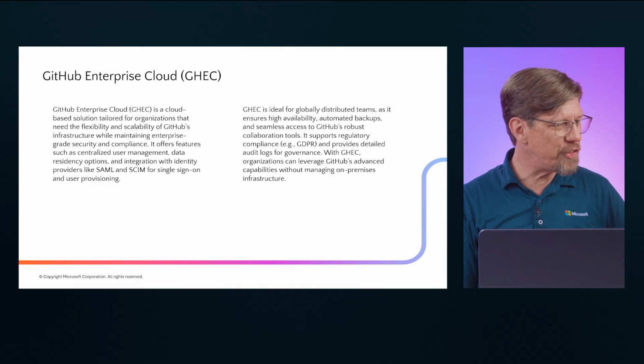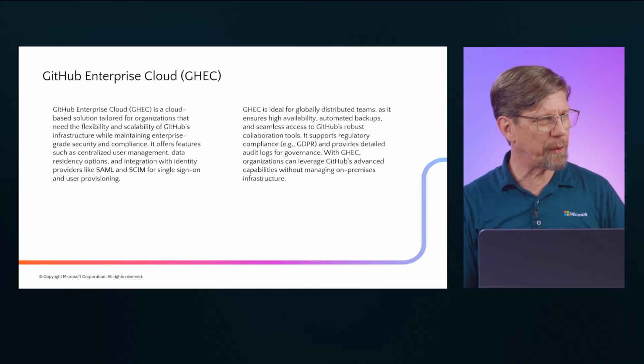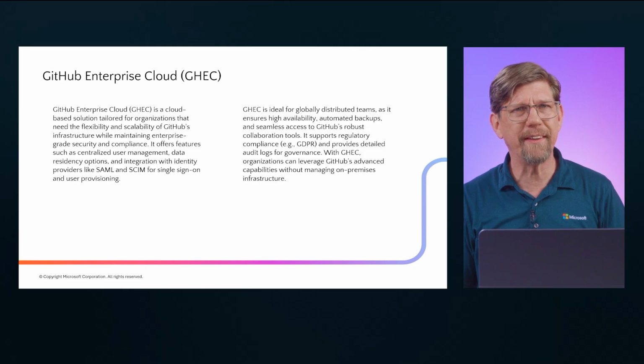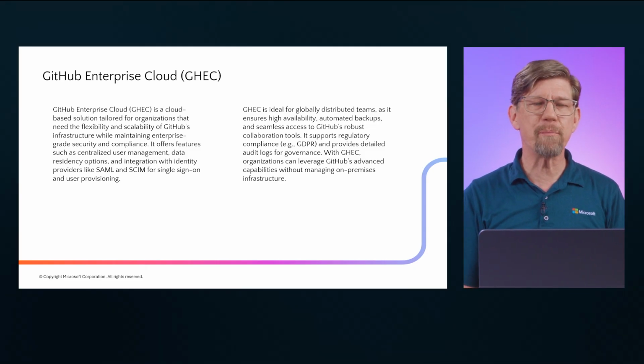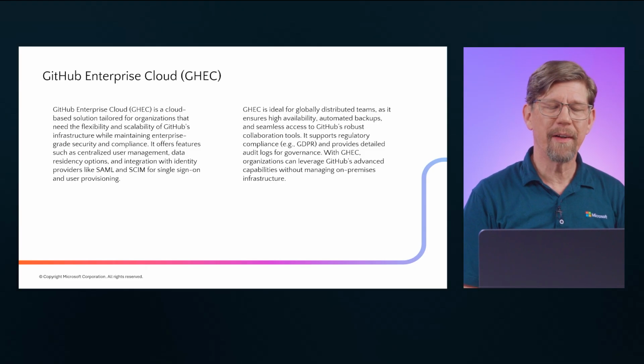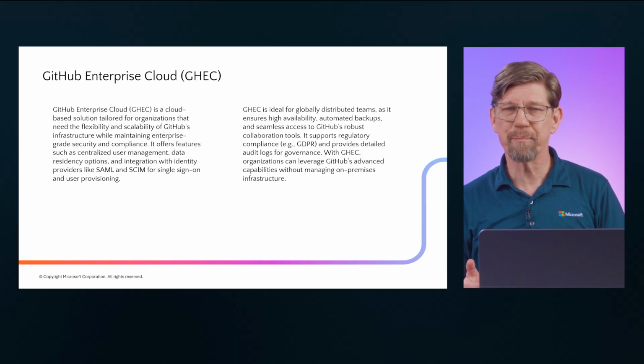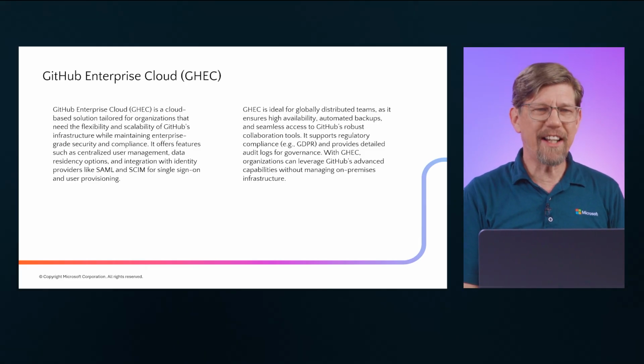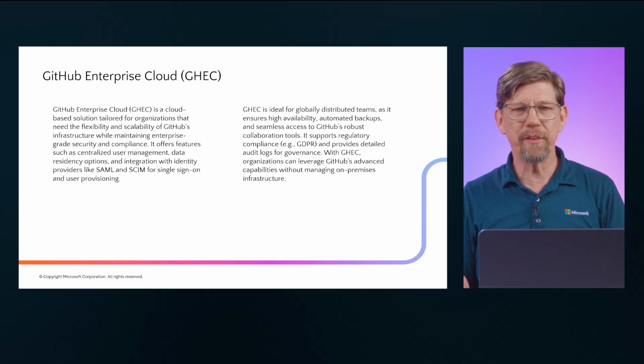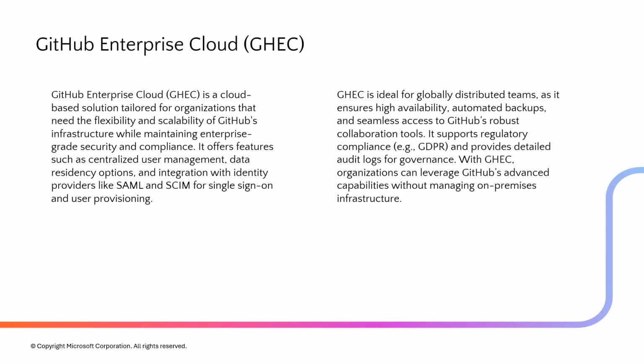First, before we get into too much of the individual components, we do want to be aware of what is meant by enterprise. We've got a couple of different options. Option number one, GitHub Enterprise Cloud, GHEC. Enterprise Cloud is going to feel, in many respects, very much like the interface that you are accustomed to with GitHub.